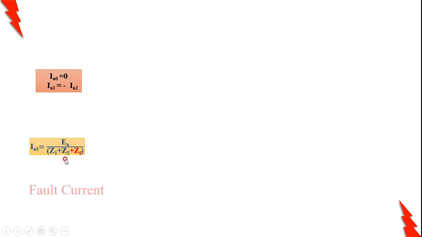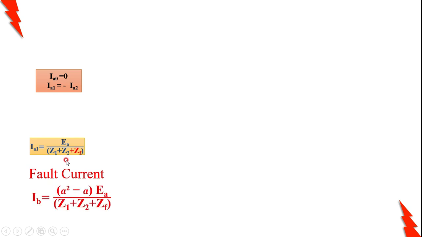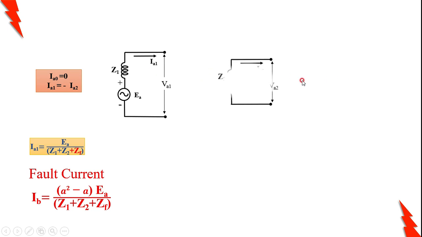Therefore, I am drawing here the sequence networks, that is IA0 is equal to 0, IA1 is equal to minus IA2, and IA1 was calculated, and the fault current IB is A square minus A into EA divided by Z1 plus Z2 plus ZF. You can look into the sequence diagram here. This is the positive sequence network. This is the negative sequence network.